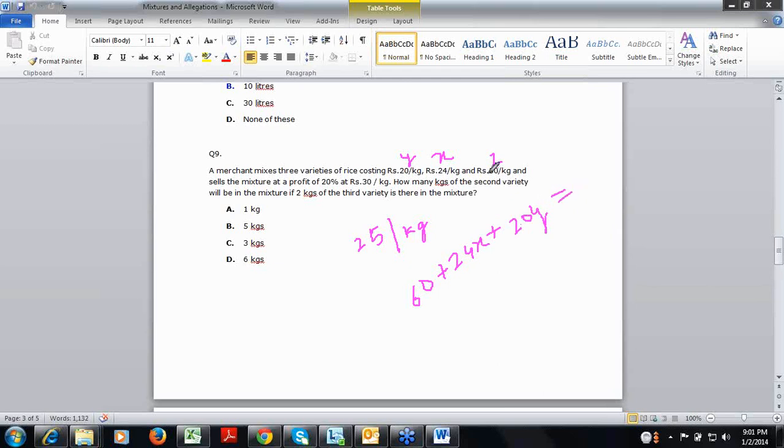Now it is equal to what? 2 plus x plus y into 25. That means 50 plus 25x plus 25y.